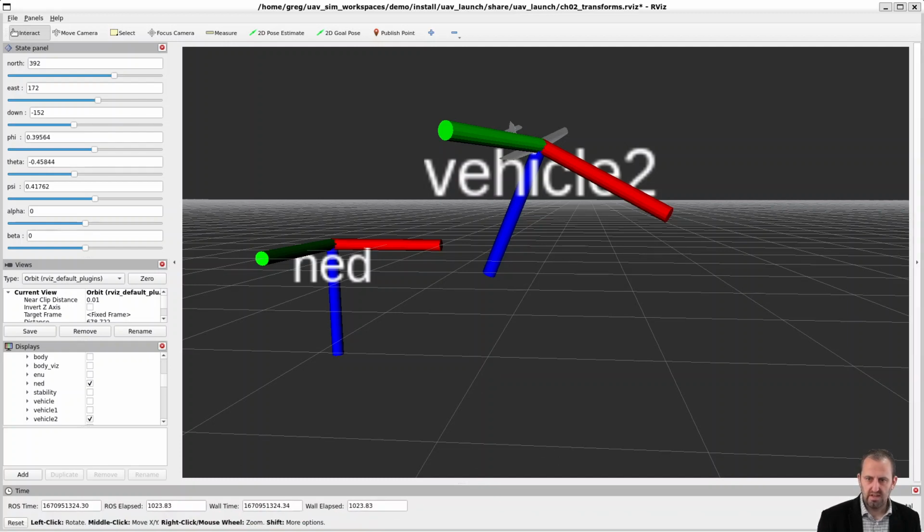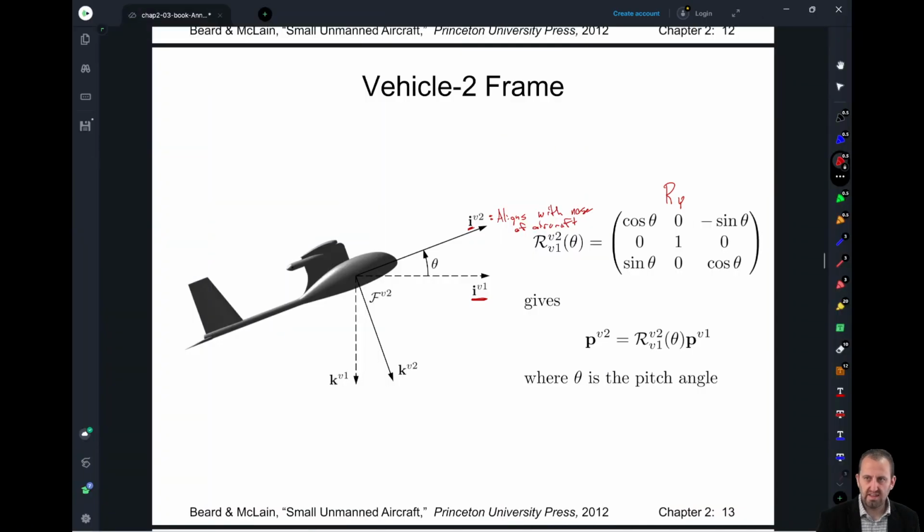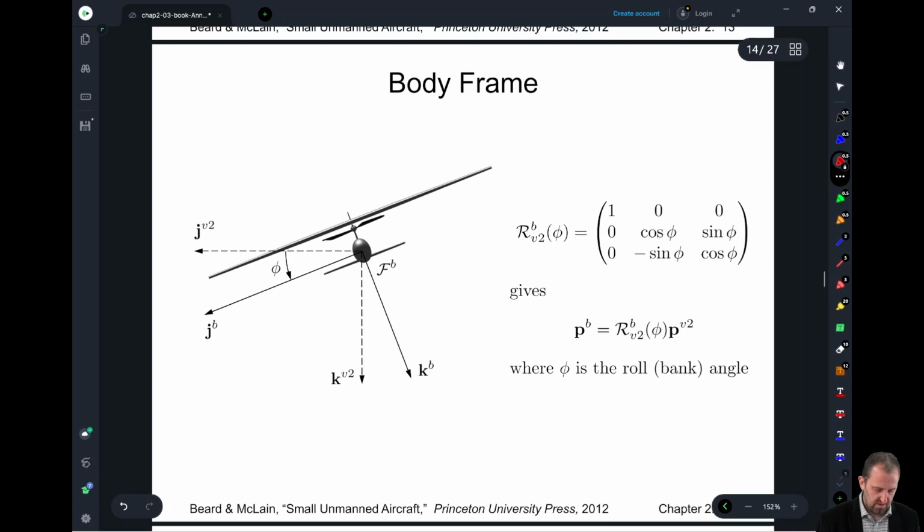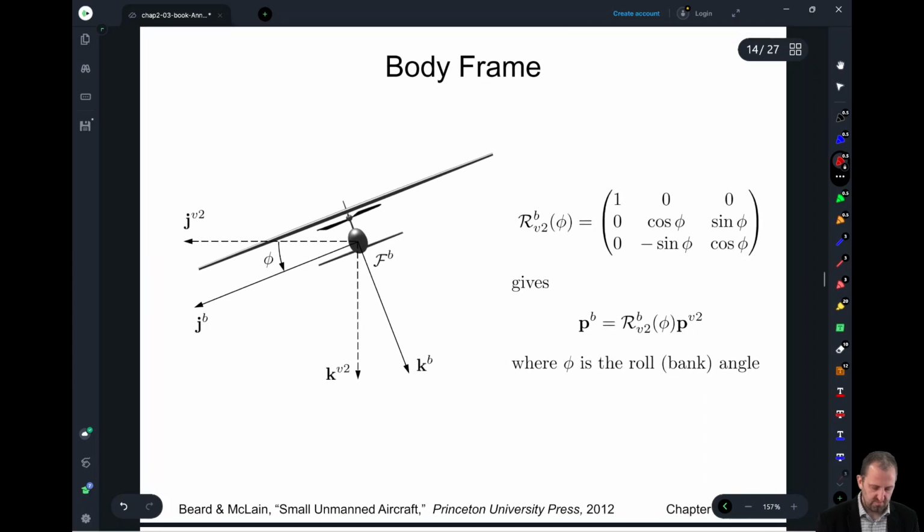Okay, so the next step is we want to define a frame that'll be aligned with the body of the aircraft. So our third rotation is just a rotation from the vehicle 2 frame to the body frame. And this is just an X rotation.